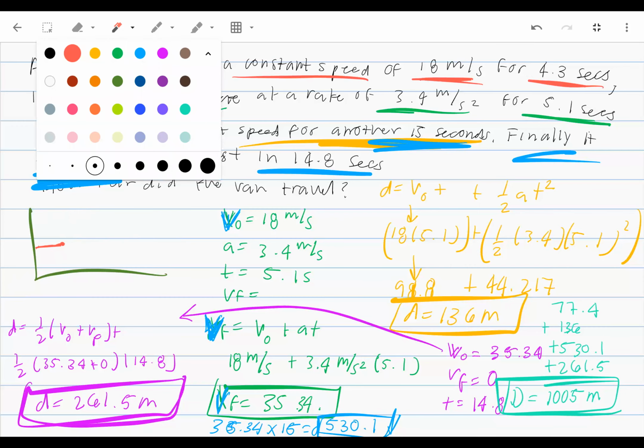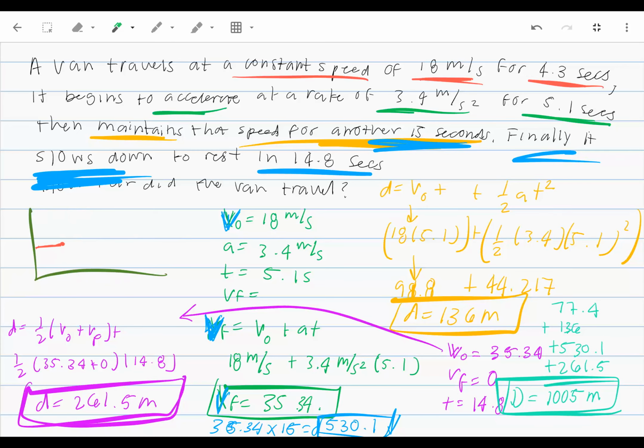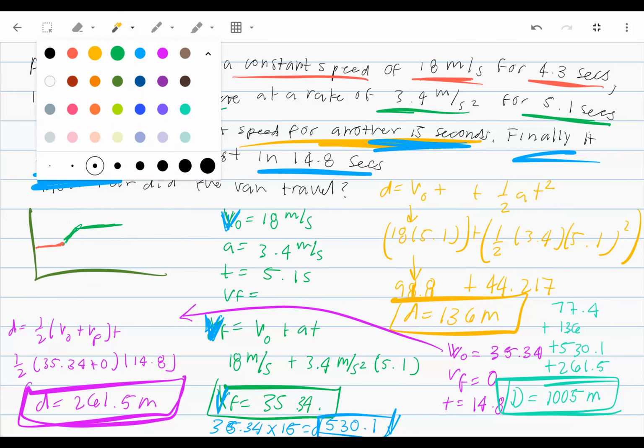Because then it begins to accelerate at 3.4 meters per second squared for 5.1 seconds. So it's accelerating from this point on. It accelerates, accelerates, accelerates for 5.1 seconds. And then it maintains that speed for 15 seconds. And that's where I messed up the velocity for distance.